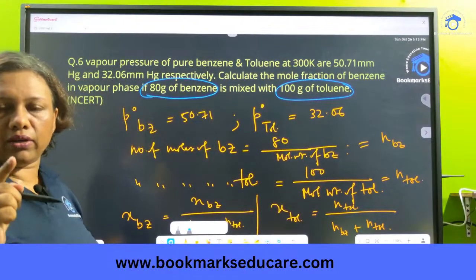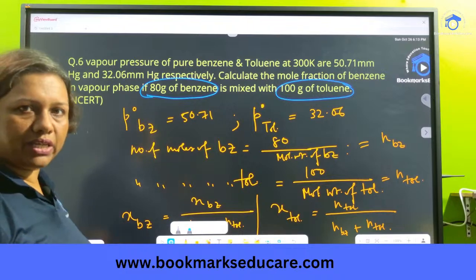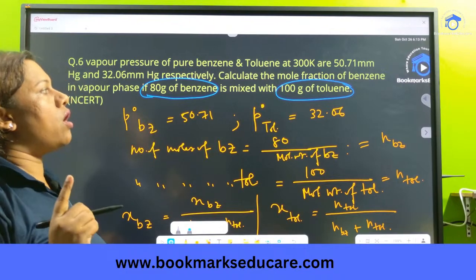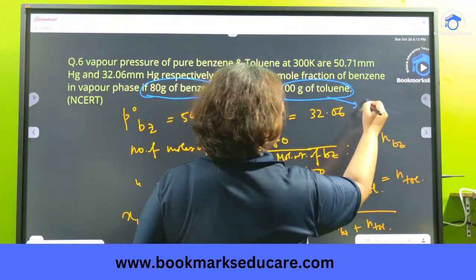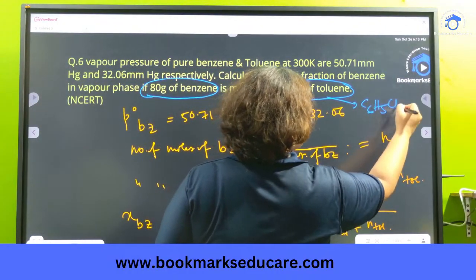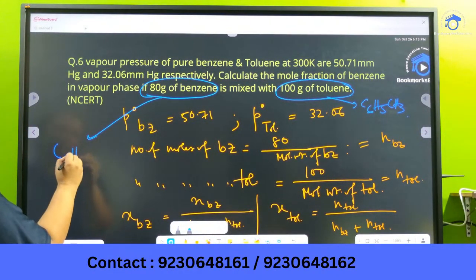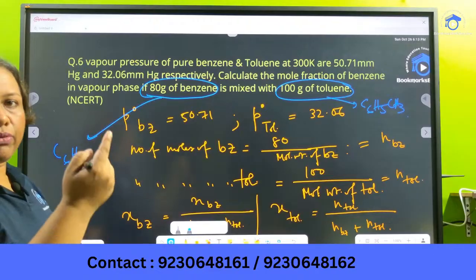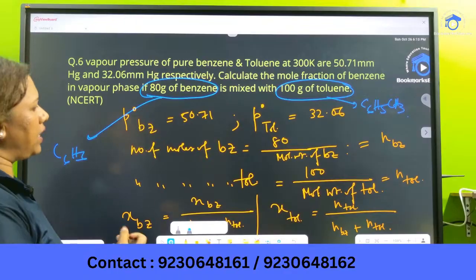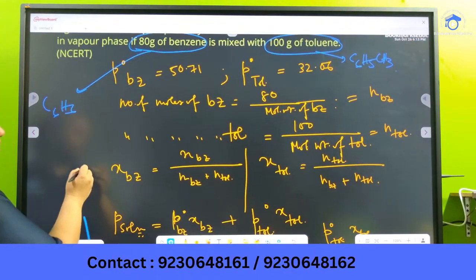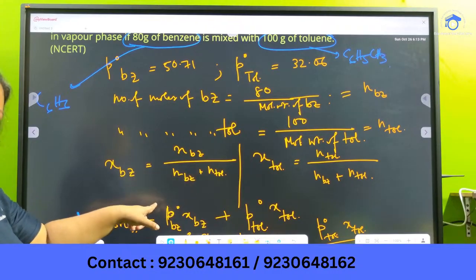So at first we have to calculate the number of moles of benzene and toluene. Benzene का molecular weight calculate करो C6H6 और toluene का है C6H5CH3. Given weight by molecular weight करके you will get the number of moles. From number of moles you can calculate mole fraction दोनों का. ठीक है.